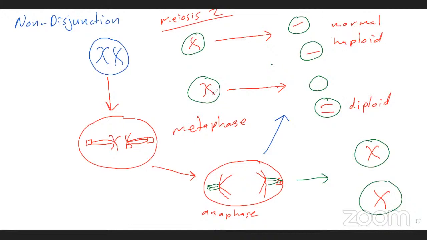But if it should happen that non-disjunction occurred, meaning that these 2 chromatids did not separate, then it will lead to trisomy again, where this cell, if it fuses with a haploid cell, will have 3 chromosomes. All right? That is how you get trisomy chromosome 21. That is why they call it trisomy 21. All right? So that's Down syndrome.